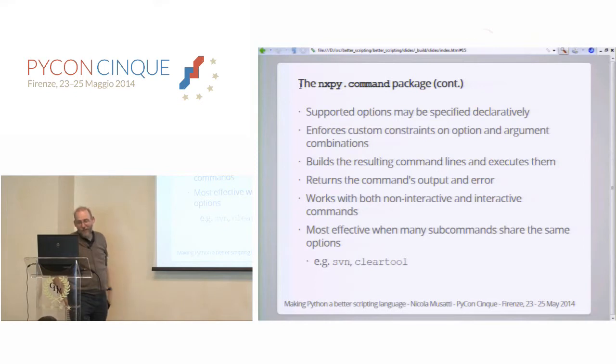It is most effective when you're dealing with complex commands that have many subcommands and many options. While I know there are different subversion APIs, it's a very good example because it has very many commands and a very wide option set, and options are shared among different commands.